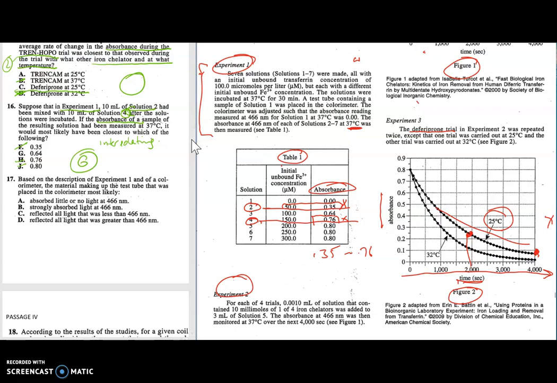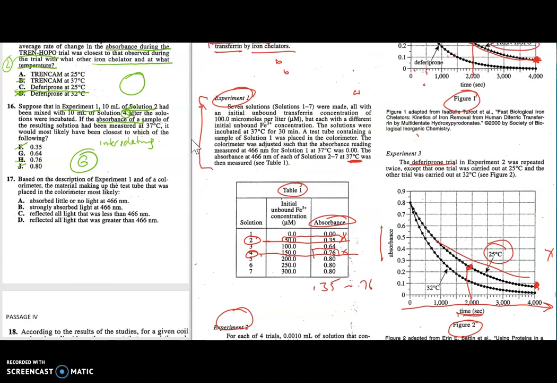Last question. Based on the description of experiment 1, okay, so we're looking at here, and of a colorimeter, the material making up the test tube that was placed in the colorimeter most likely, so it's asking about the material making up the test tube, so it's asking about the stuff they put in it to calibrate it, that was placed in the thing.